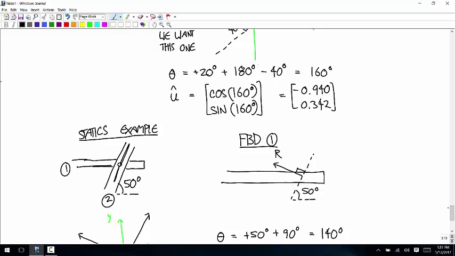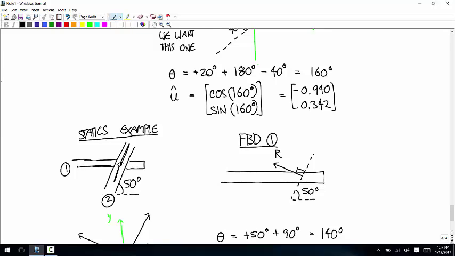We're going to go into a lot of detail on this, but the key fact is that the force applied to member 1 by member 2 has to be perpendicular to that slot. It can't be parallel to that slot because it slides freely.